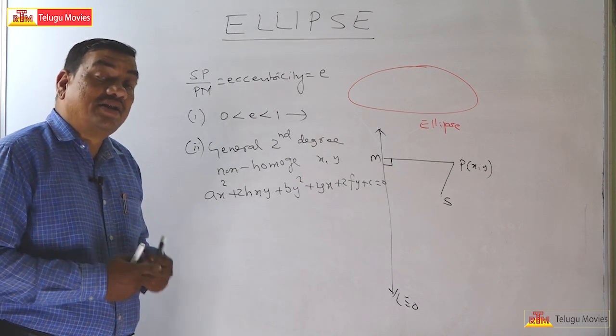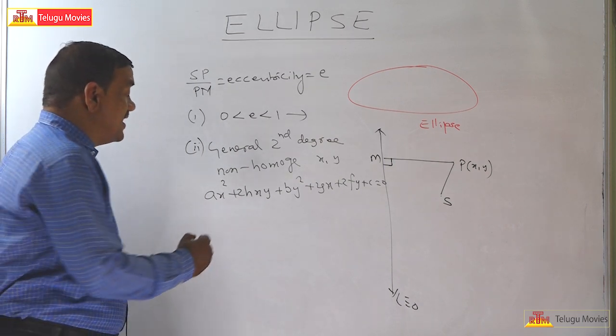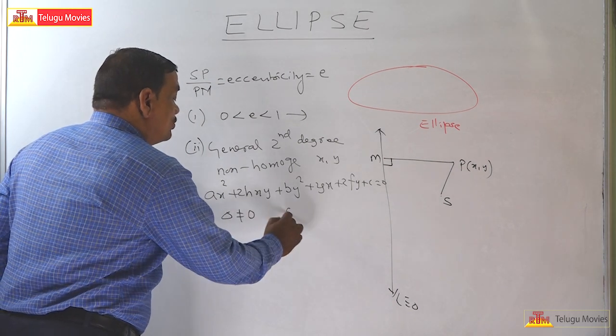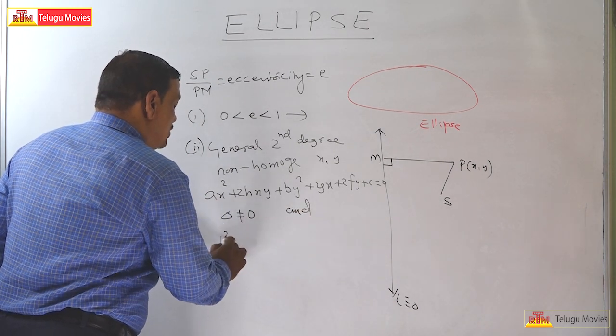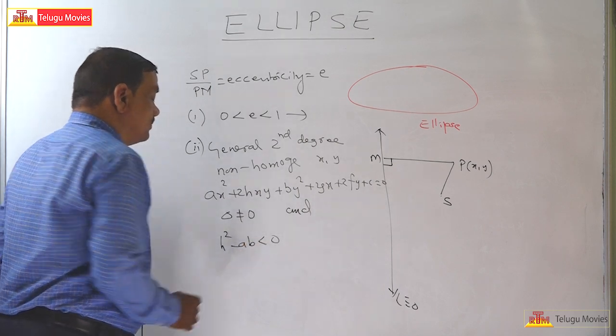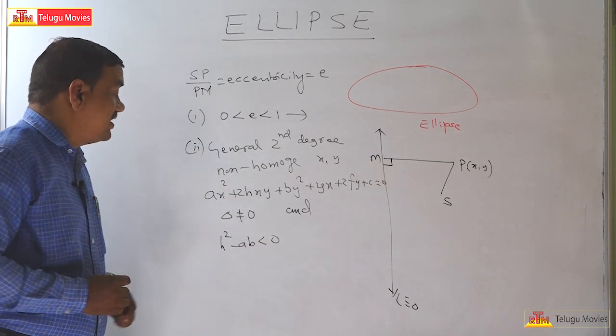This equation represents a curve when delta is not equal to 0 and h² − ab < 0. What is delta?